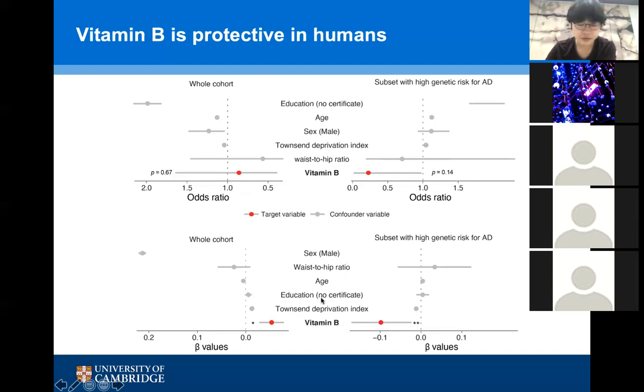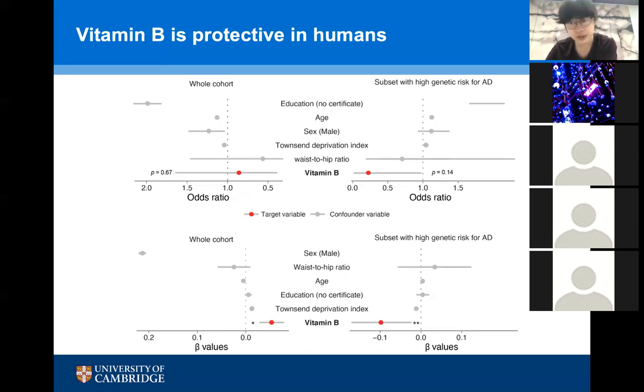So then after controlling for many confounding variables, I saw that vitamin B decreases the sleepiness score that I generated. And if we subset for people with high genetic risk for Alzheimer's disease, well, this strength of vitamin B to decrease sleepiness in humans is higher.